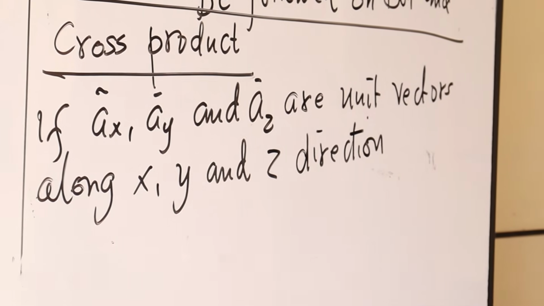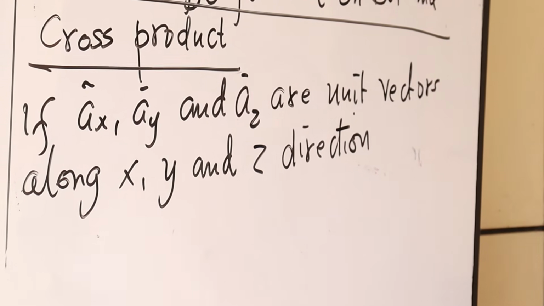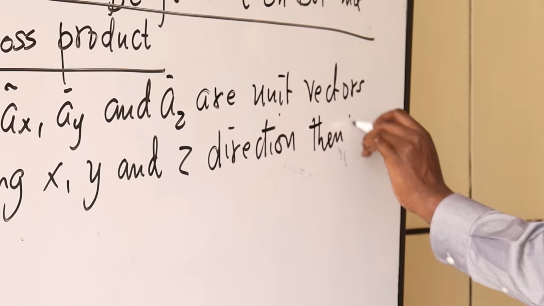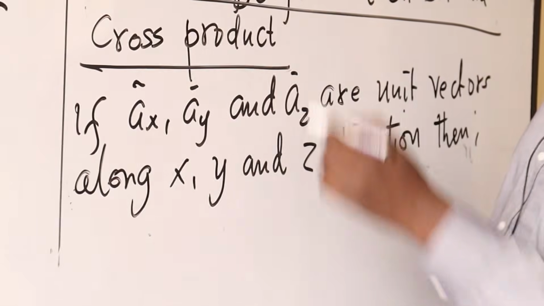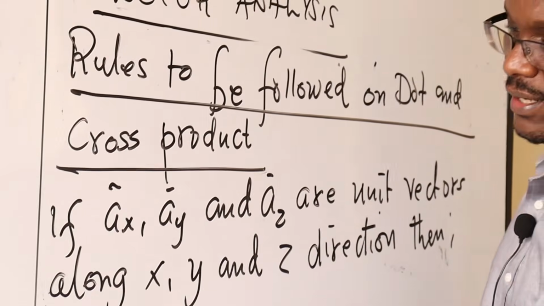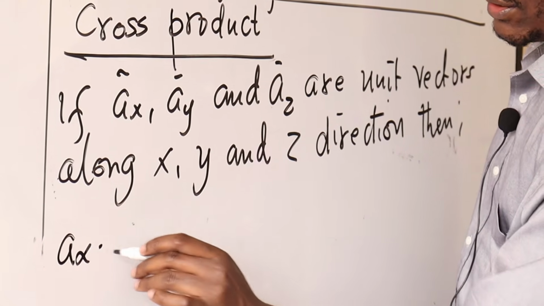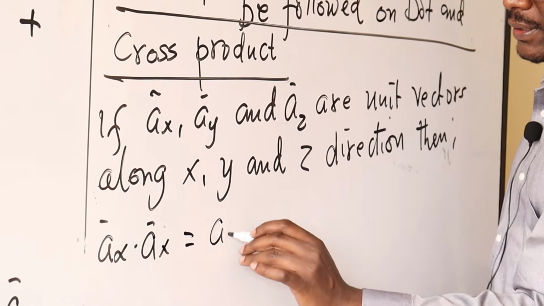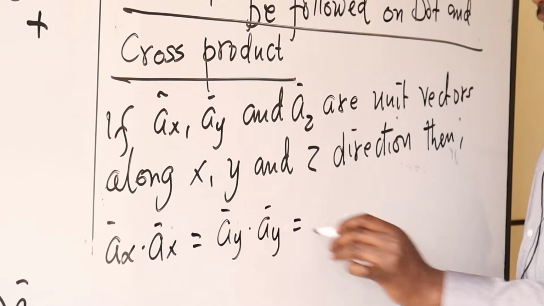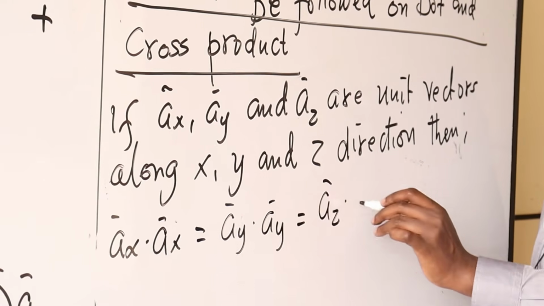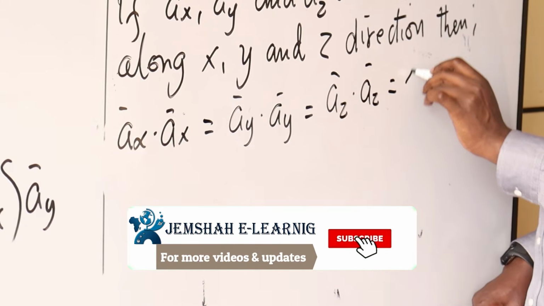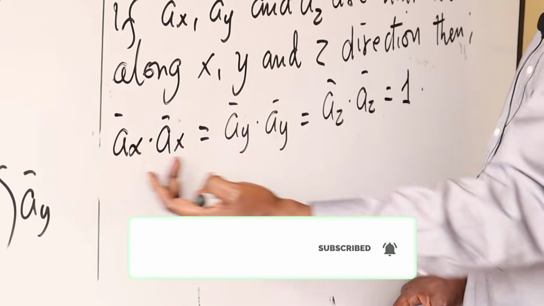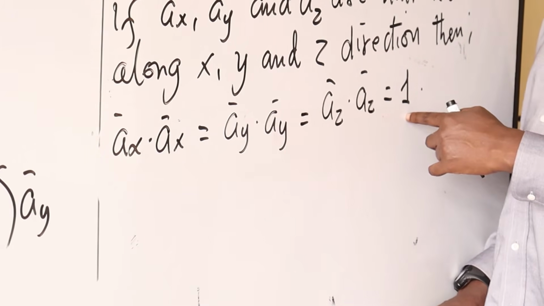We can look at other coordinate systems later. If we start with the dot rules, then AX bar dot AX bar must be the same as AY dot AY, which is the same as AZ dot AZ, and this is equal to 1. So if we dot similar unit vectors, then we get 1.